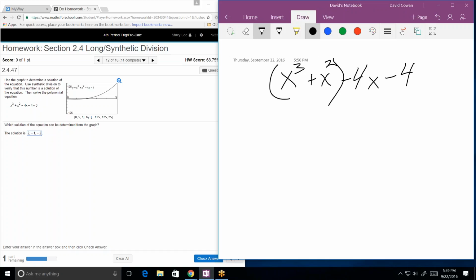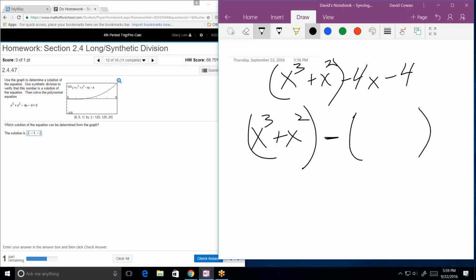So we now have x cubed plus x squared in parentheses, and then a minus sign, and then parentheses, what's the last term going to be, or the last two terms? 4x, but notice that it has to be plus 4 for the one negative. In other words, make sure that after you group it and put your parentheses around it, you have not changed the function, that you're still looking at exactly the same function.